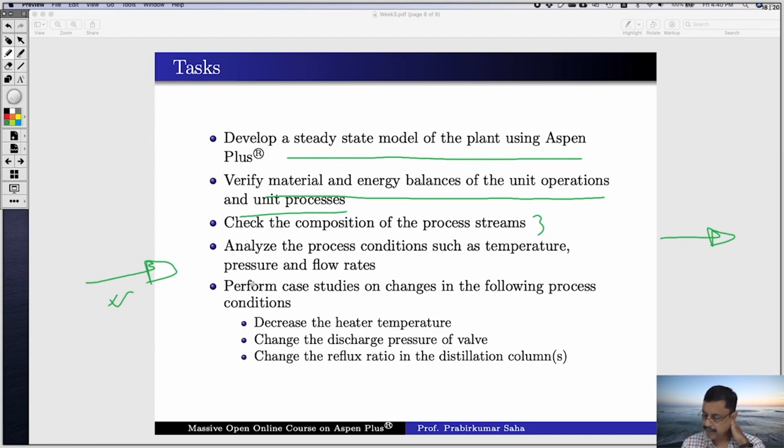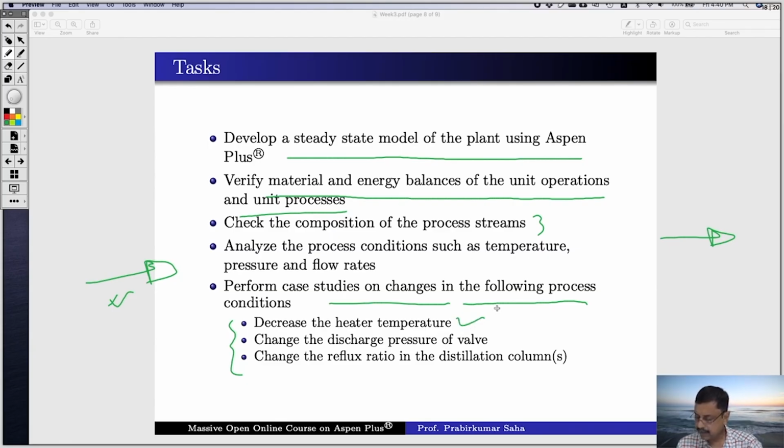Then analyze the process conditions such as temperature, pressure and flow rates, and perform a few case studies on the changes in the following process conditions. So this we have identified for this case study. One is decrease the heater temperature and see what happens.